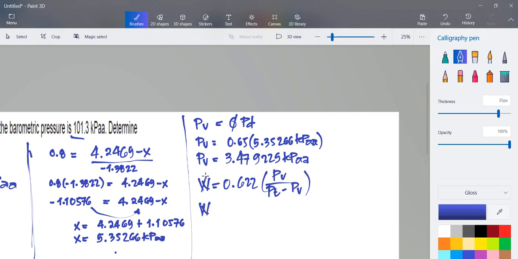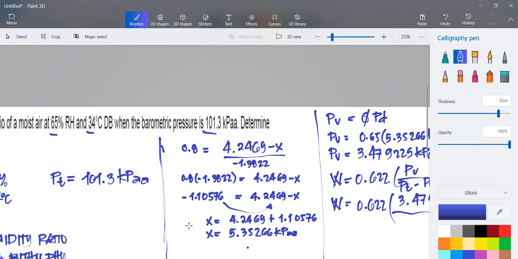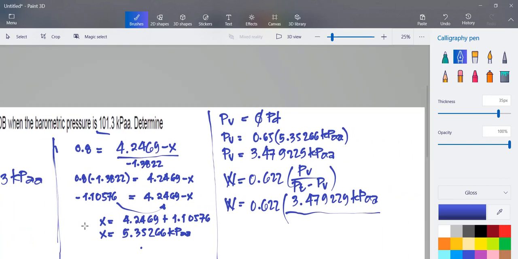Substituting the value, that will be 0.622 multiplied by 3.479229 kPa absolute, then divided by total pressure, which is 101.3 kPa absolute minus 3.479229 kPa absolute.